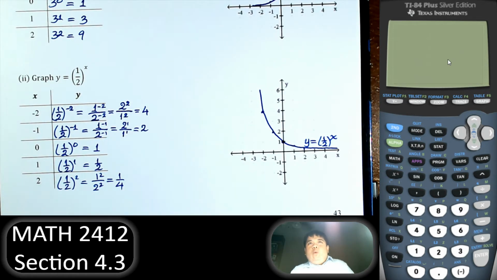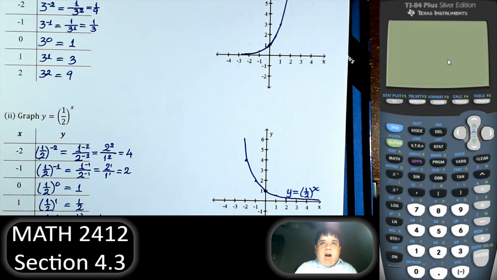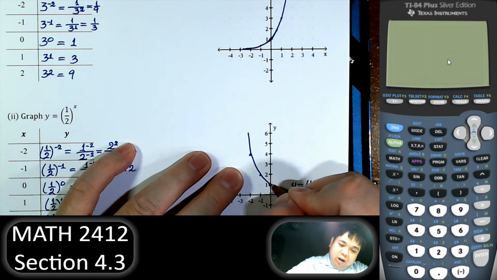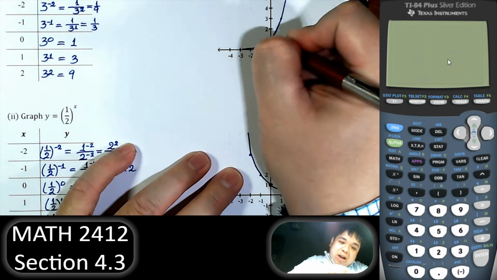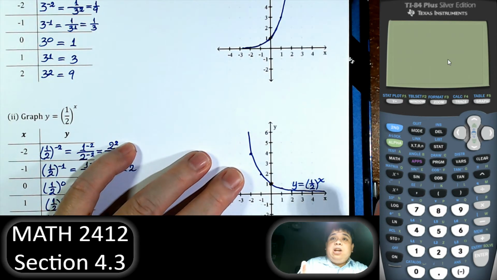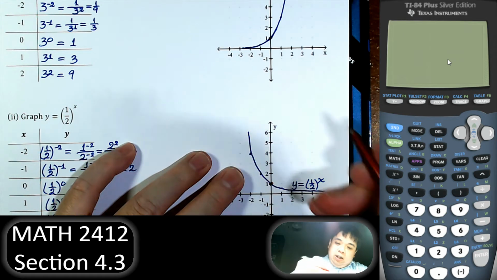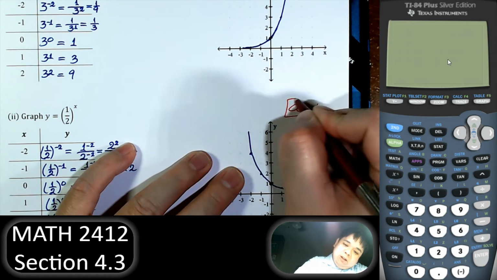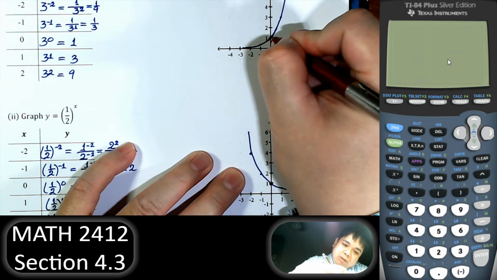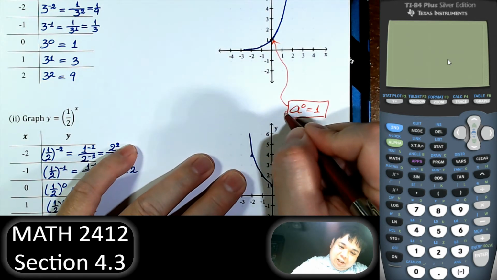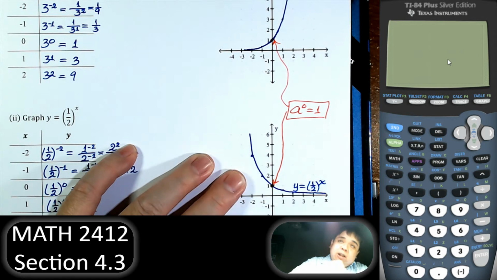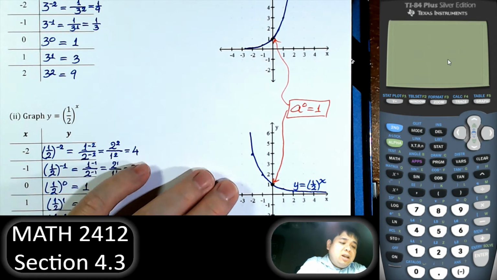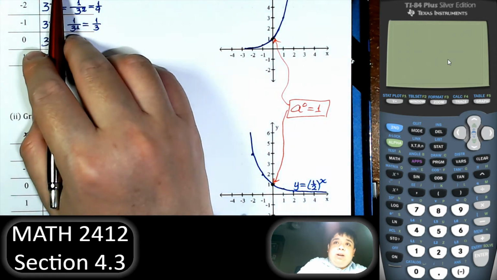Right. So one thing that we see that is common to those two, both of them have the point (0, 1), right? Because it doesn't matter what the base is, anything raised to 0 power is 1. So a to 0 power is 1. That gives us the common point here, so it always goes through that point. Next, the base is positive.